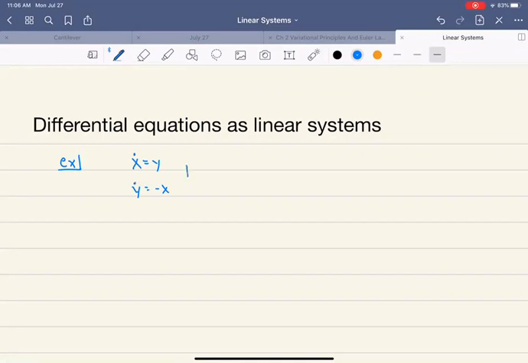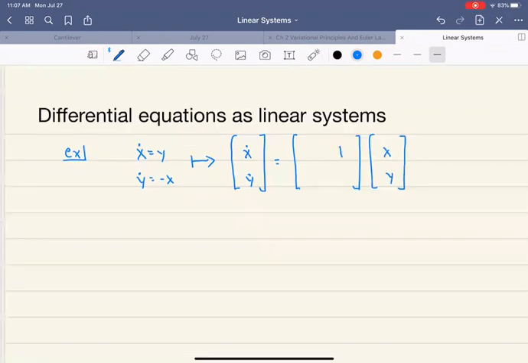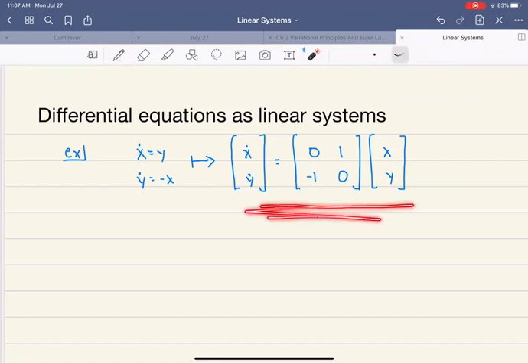We could write this as a linear system: x prime, y prime equals, I'm getting ready for the matrix, and then here is x and y. So x prime equals y, there's no x in there, and y prime equals negative x. So this is a differential equation written as a linear system.